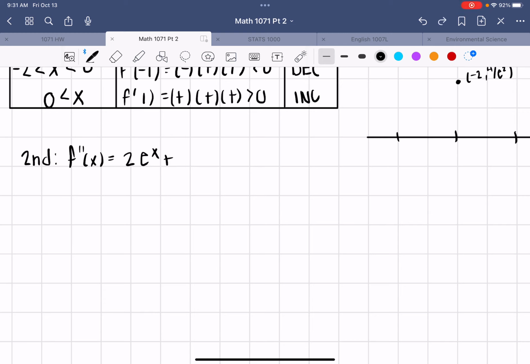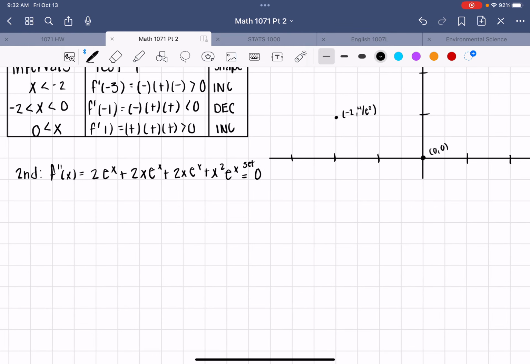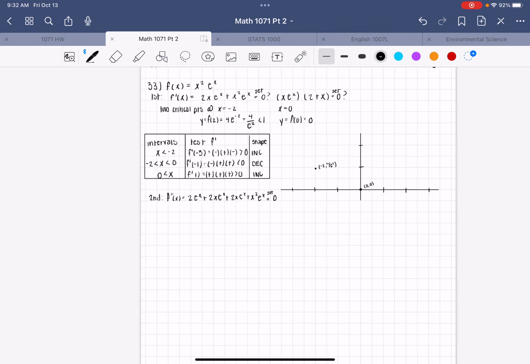That gives me 2 e to the x plus 4x e to the x plus x squared e to the x. 2x e to the x, 2x e to the x, it gave me 4. So I can factor out an e to the x, and what I'm left with is a trinomial that I can factor.